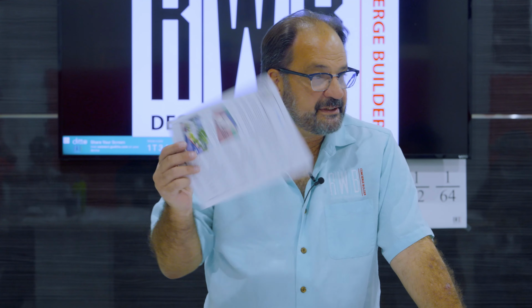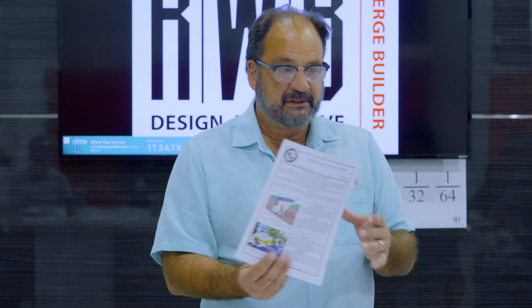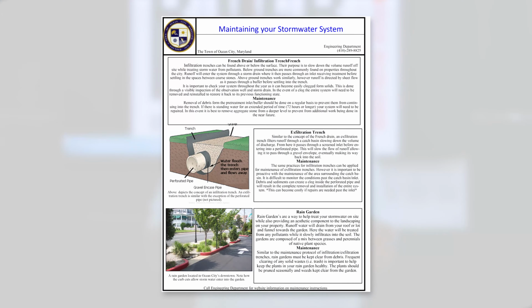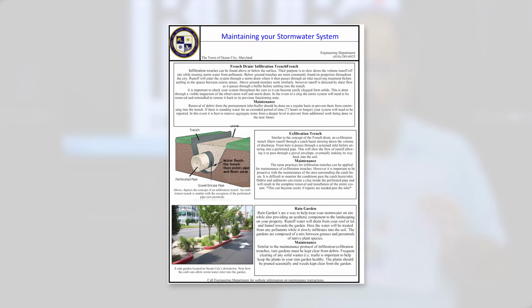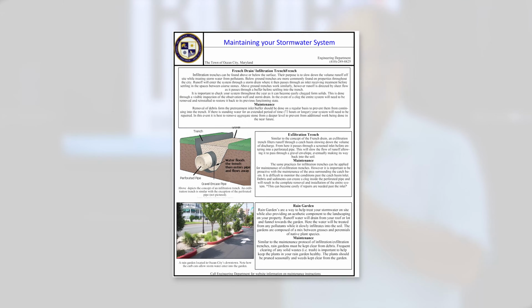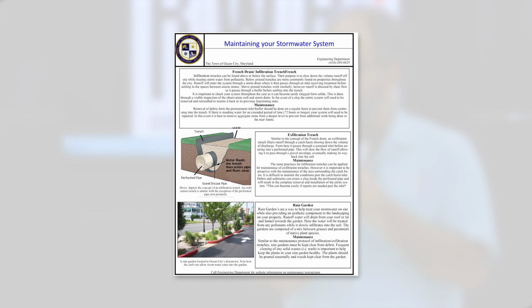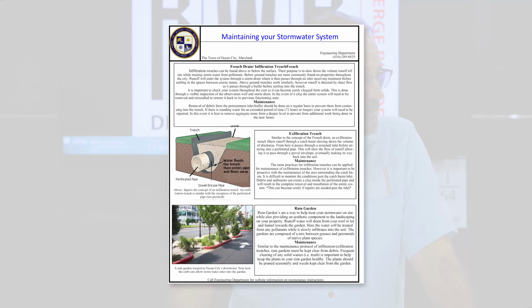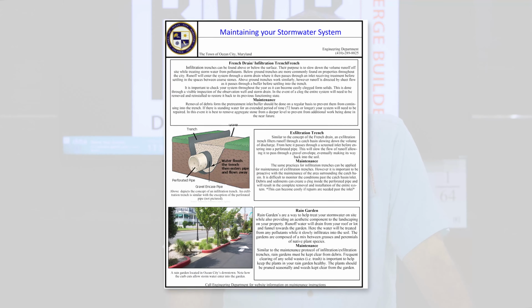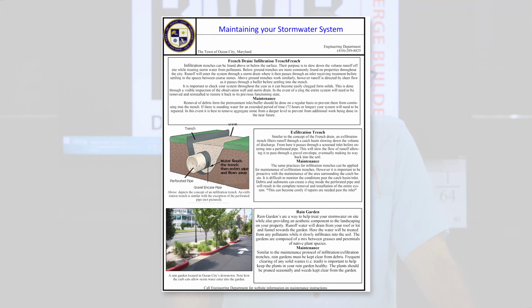If anybody looks at this page, you'll see this diagram. Okay? In its simplest form, this is an exfiltration field. It's an area that's excavated. It's got filter fabric first so it doesn't have soils go into it and it stays clean.